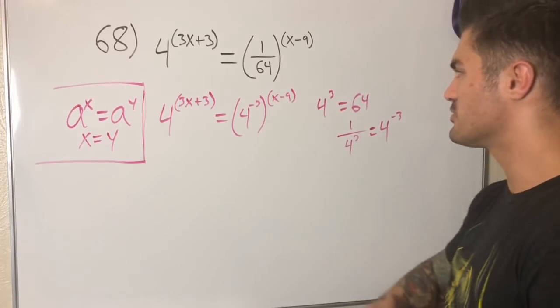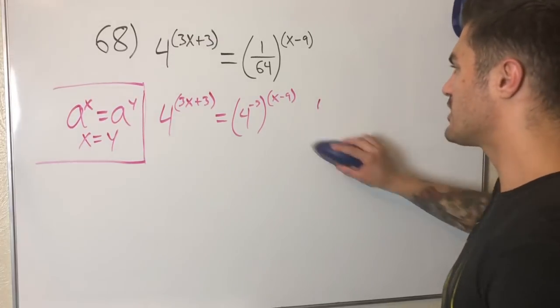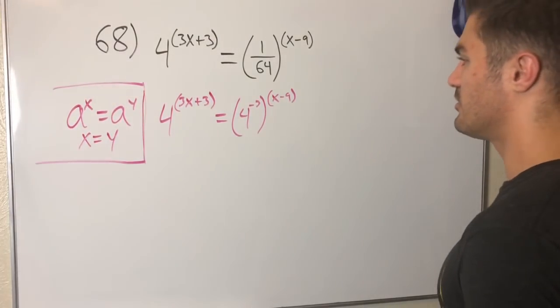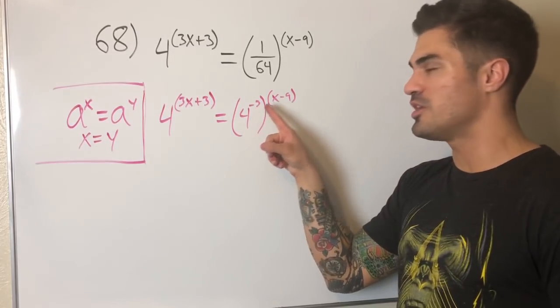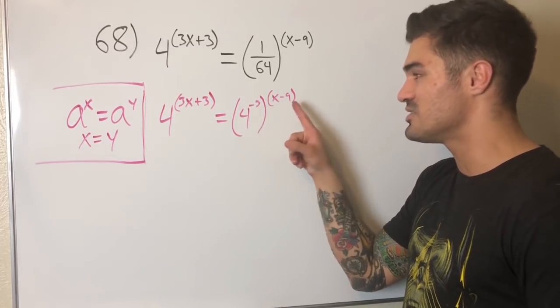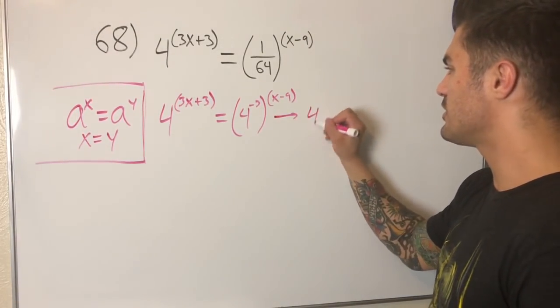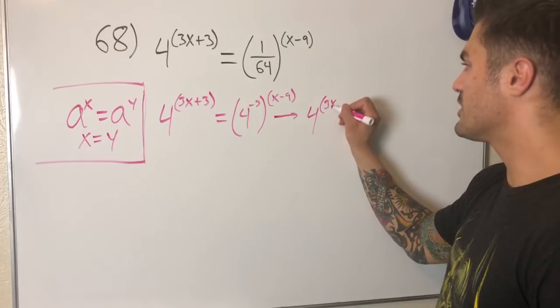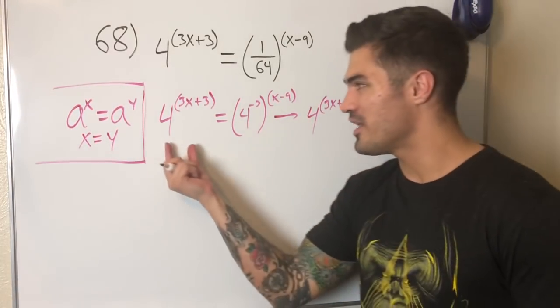So I'm going to erase this scratch work here. And now I really got to think of my exponent rules. I got to make sure I do the right thing here because I have a power to a power, so I need to multiply this -3 all the way through to the x and to the -9, all right? So if I rewrite this, I still have the 4 to the 3x plus 3, right? Because I don't quite have the same base yet.